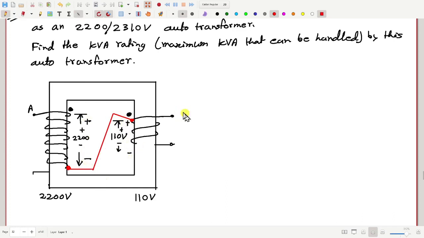So now how much is the voltage between terminals A and B? These two voltages will get added. The voltages are in series addition. Let me make it cleaner.